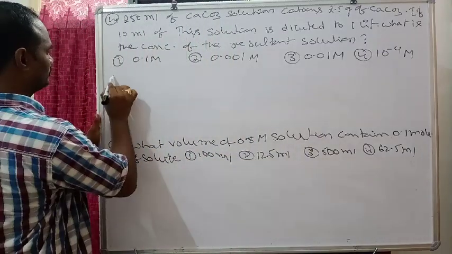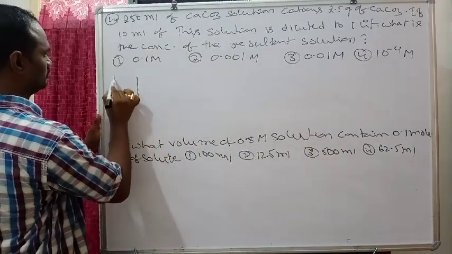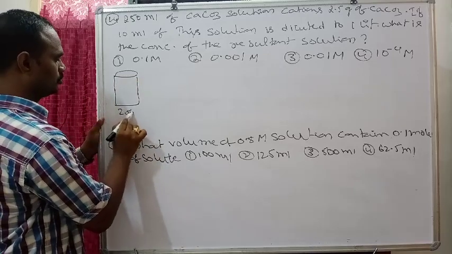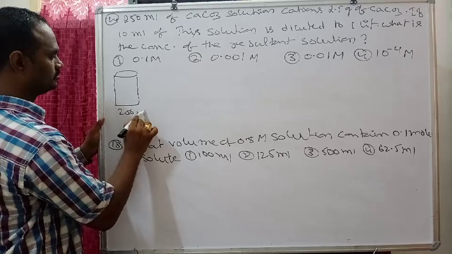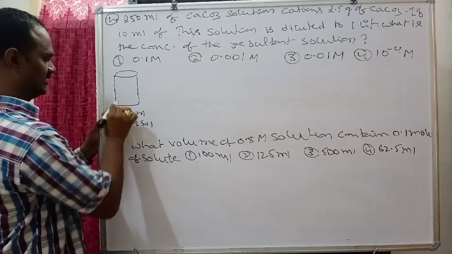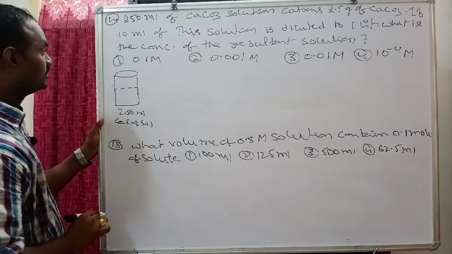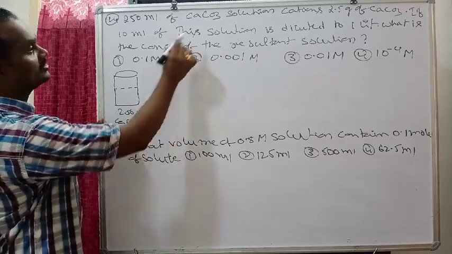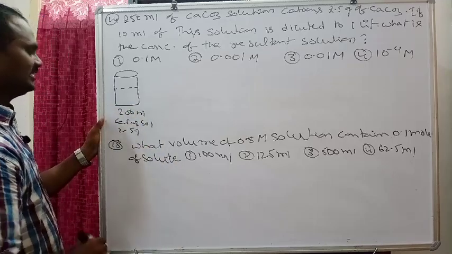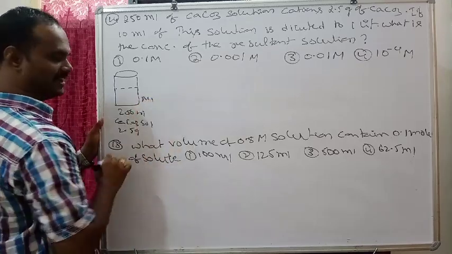You see, sir, initially we have taken 250 ml of CaCO3 solution. 250 ml is there. In this, how much CaCO3 mass, sir? 2.5 grams is present. Its concentration you consider as M1.